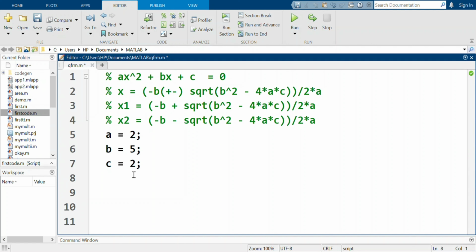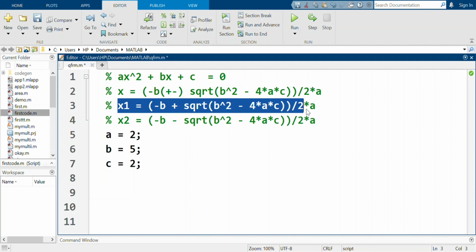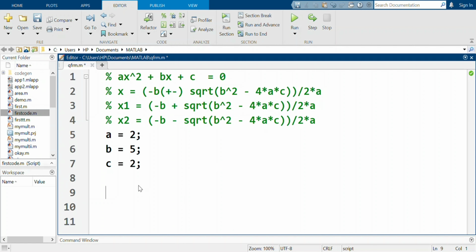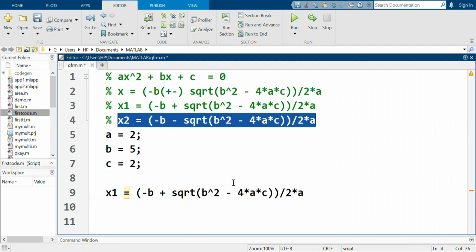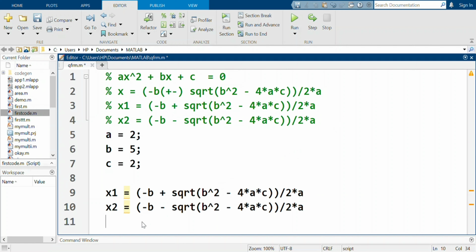So now let's write the formula that I want. I want MATLAB to give me what is x1 and x2. So let's just copy paste it. We have x1 like this and x2 like this. So x1 equals minus b plus the whole formula and minus b minus the whole formula.